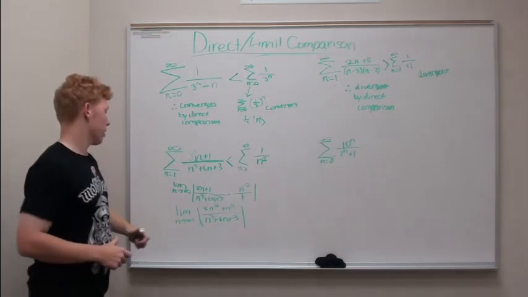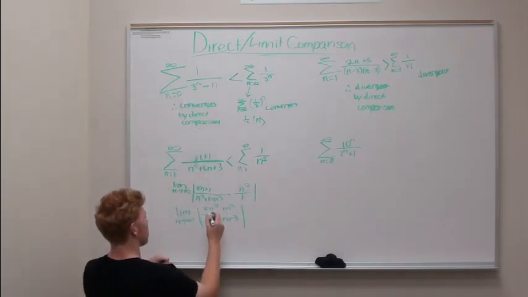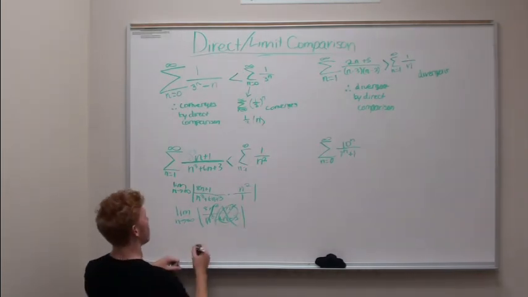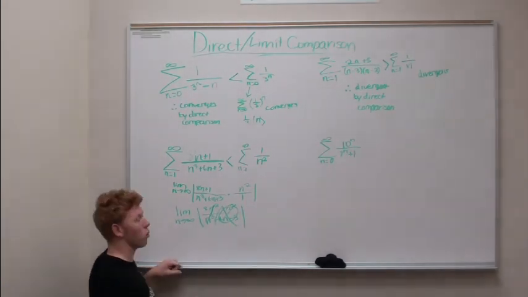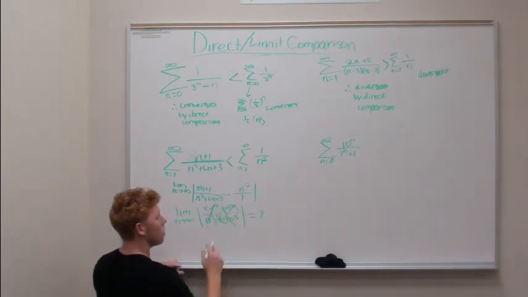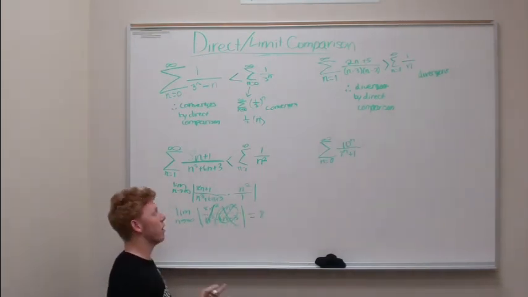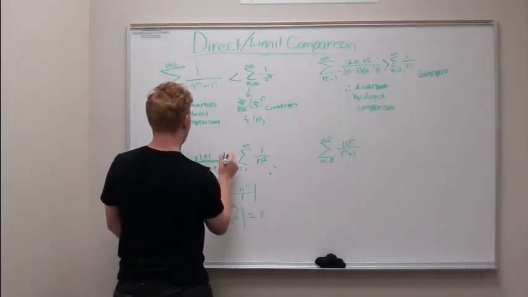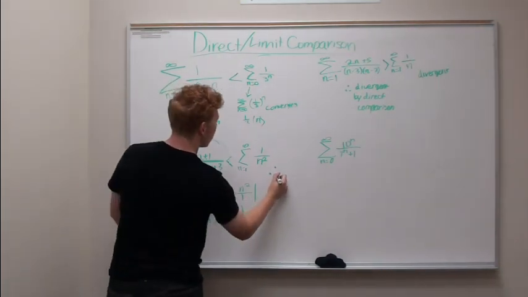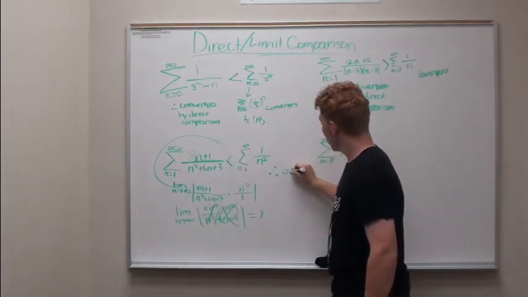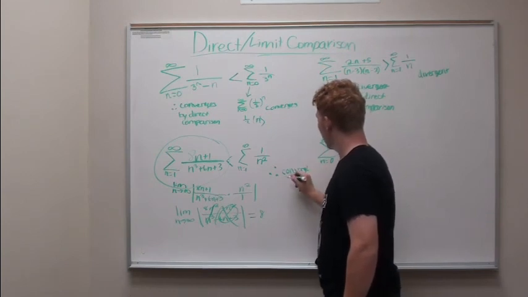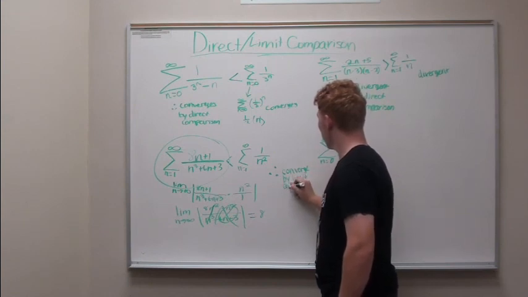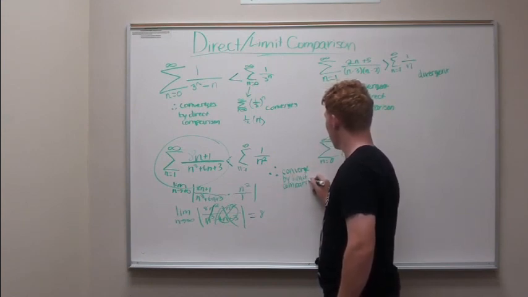Now, when you take the limit of that, since these two are the same power, they cancel out, and then these don't really matter when you're taking the limit as n approaches infinity, since the highest power is the one you have to worry about. That would equal 8. And since that is a finite, positive number, that means that this series, this one right here, would converge by the limit comparison test.